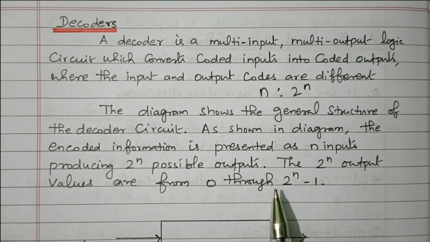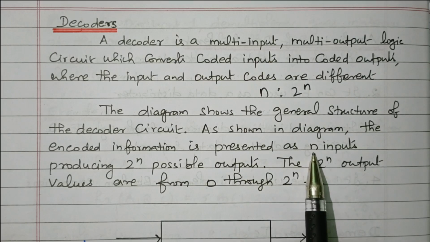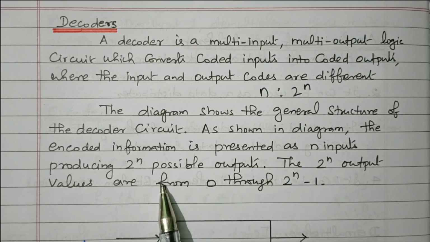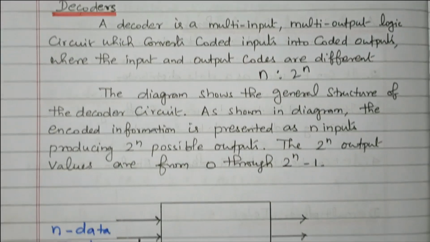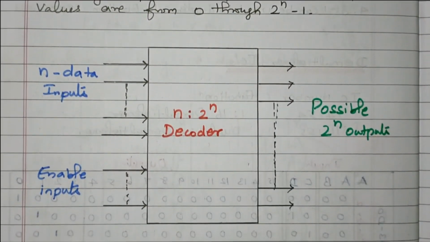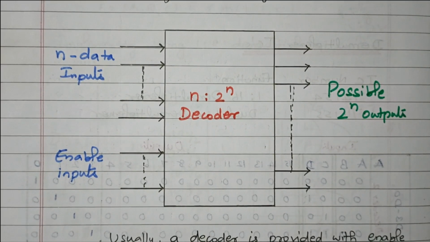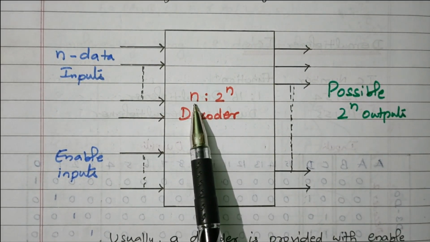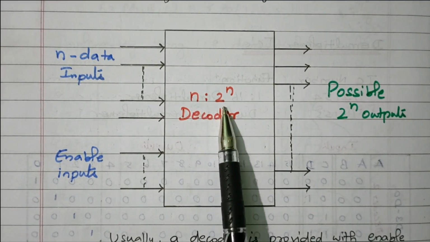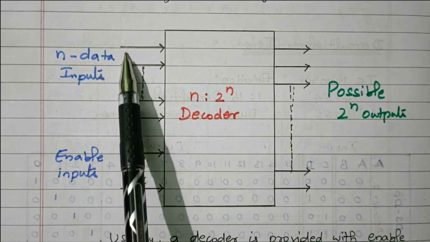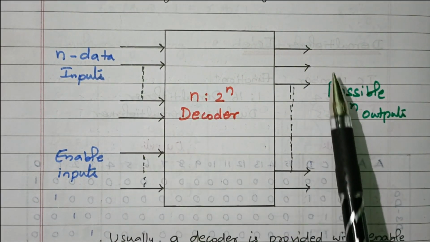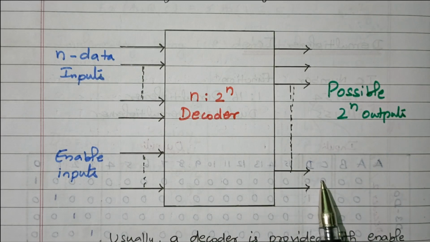Now we will see the block diagram of how we are producing the output. So this is the decoder, n inputs, 2 to the power n outputs. These are the n possible inputs, and these are the 2 to the power n possible outputs.